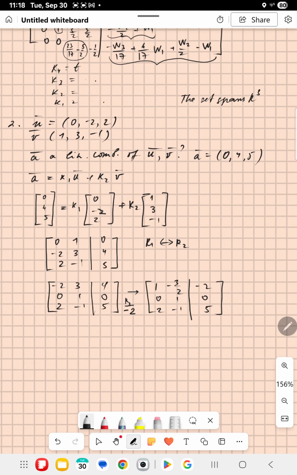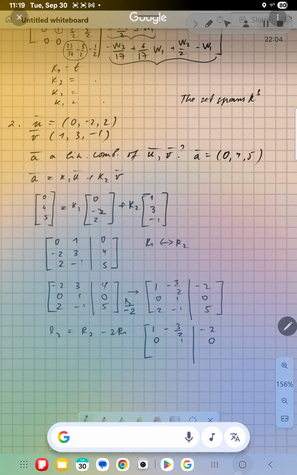Well, now what I'll need to do is eliminate in row number 3. So row number 3 equals row number 3 minus 2 row number 1, right? And that's going to be 1, -3 over 2, -2, 0, 1, 0.